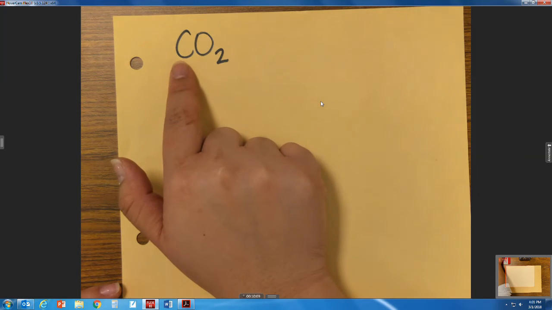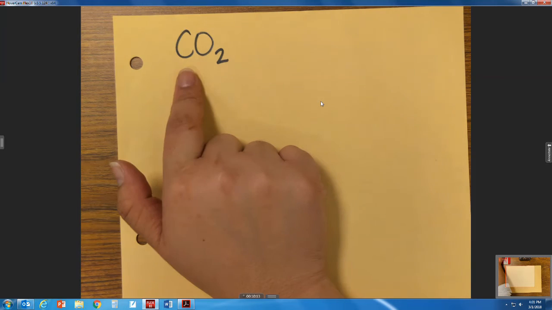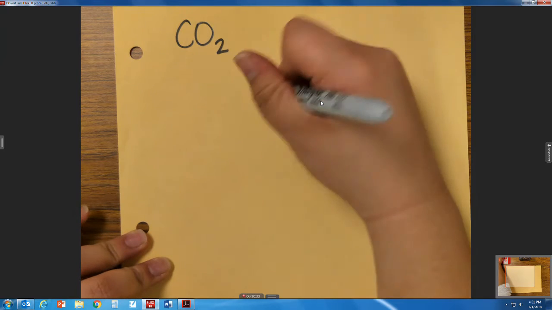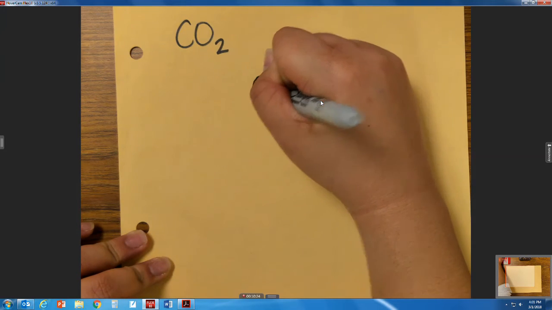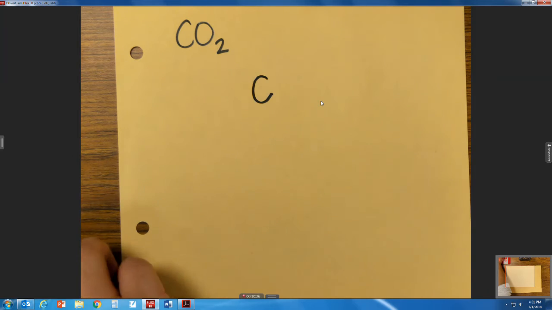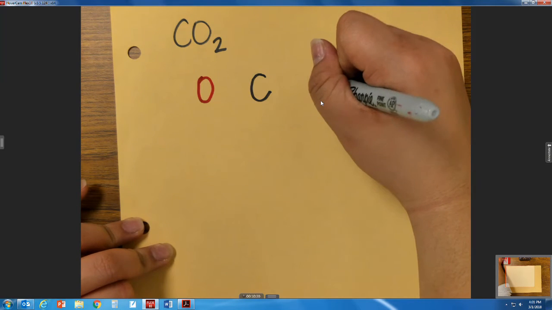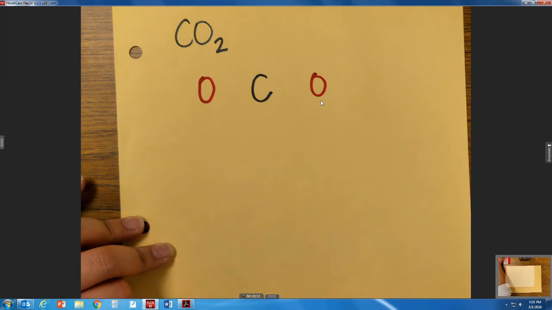But this is not hydrogen, so our central atom is going to be carbon. That would mean oxygen is going to be the element that's on either side of carbon.